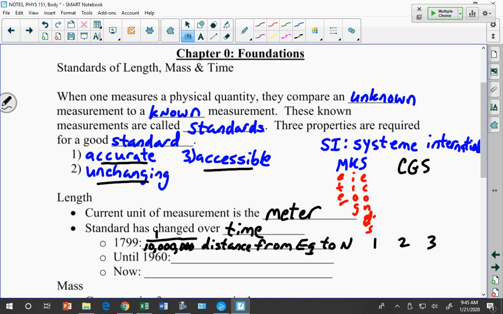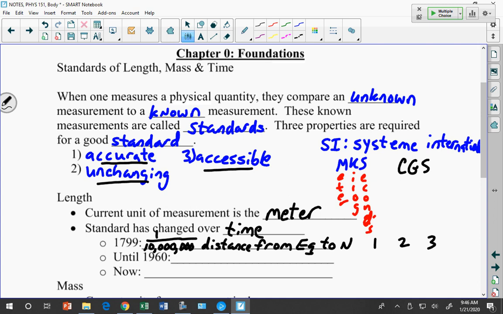So there are ways to measure that distance, and they said, okay, we're going to say 1/10,000,000th of that is the meter. Is that an accurate way to measure a meter? No, not a very accurate way to measure the meter at all, because it's very difficult to measure that distance, the distance from the equator to the North Pole, very accurately.